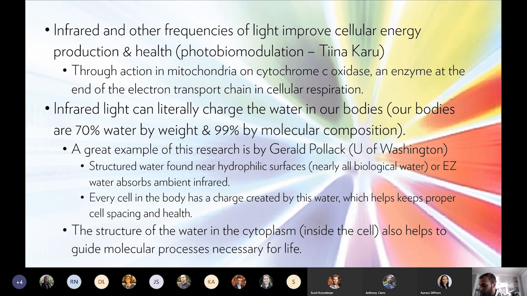Infrared light also has a charging effect on water. So I'm going to talk a lot about water too, because it's really related to EMFs and is basically the biological interface for a lot of how EMFs affect us. Gerald Pollack of the University of Washington is a great example of structured water research.